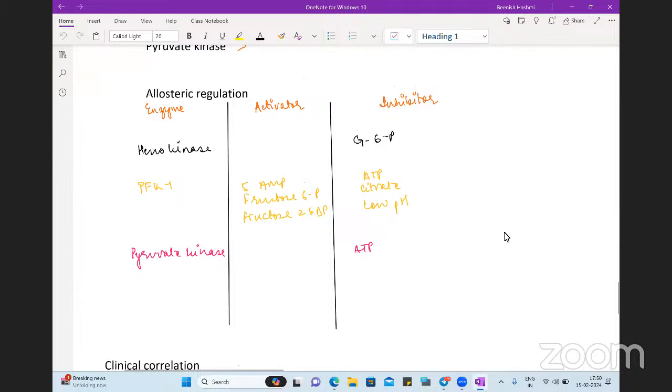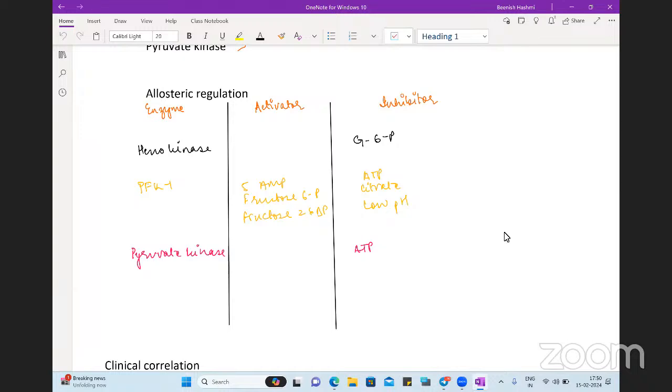Since my pen is not working, I'll try to manage. Phosphofructokinase 1 has another isoform, phosphofructokinase 2. Phosphofructokinase 2 is a bifunctional enzyme. It is a tandem enzyme which has 2 active polypeptides, showing kinase activity as well as phosphatase activity. When the kinase activity is activated, it forms fructose 2,6-bisphosphate.